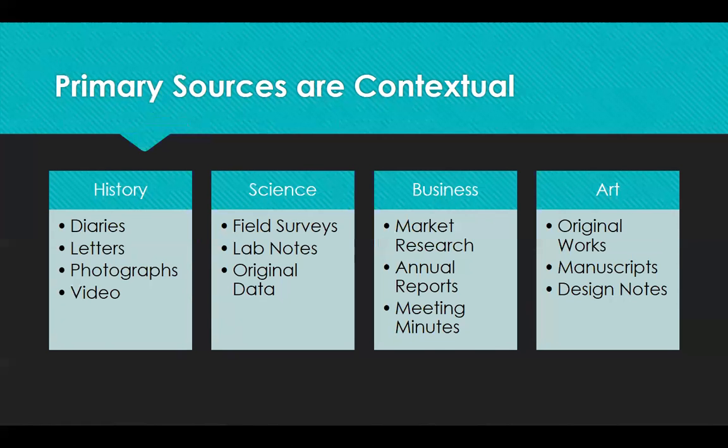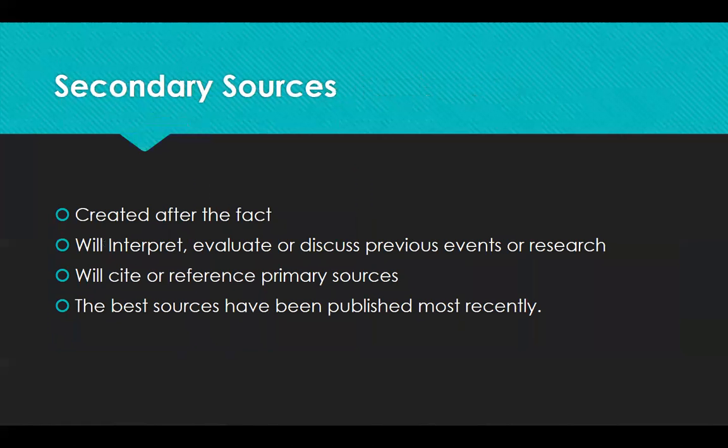Okay. Secondary sources created after the fact will interpret, evaluate, and discuss previous events. So the main thing here is this is an analysis of primary data. So if we're looking at, here's a bunch of interviews, if we're creating a news article that's looking back at things that happened 50 years ago, it's the 50th anniversary of this, that, or the other, that's going to be a secondary source, even though it's a news article, which is sometimes considered a primary source.